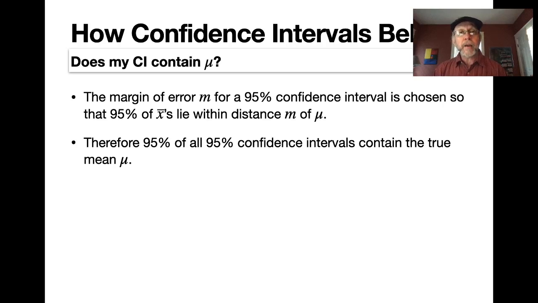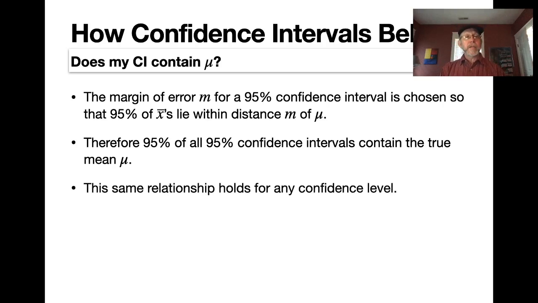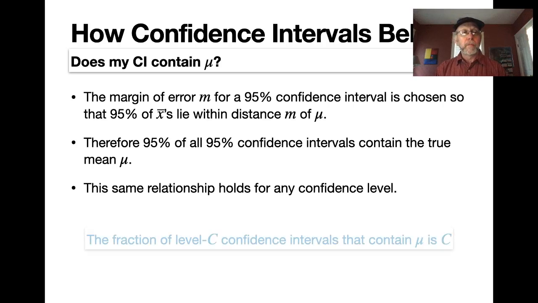That's why both Jack and Jill can be 95% confident that their intervals contain the true mean, even though their intervals are different. The same relationship holds for any confidence level. So for any confidence level C, the fraction of level C confidence intervals that contain mu is precisely C.